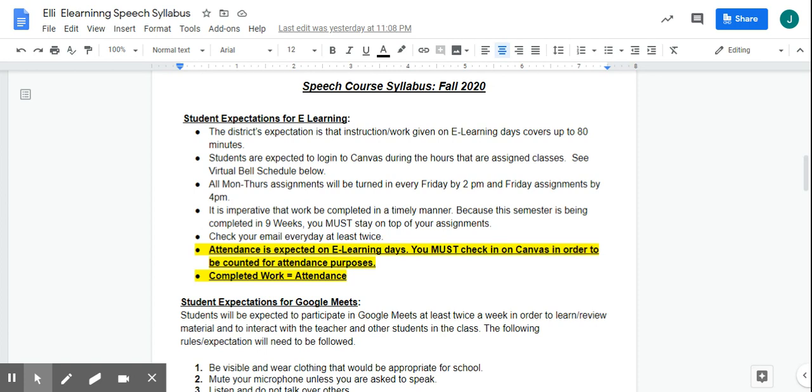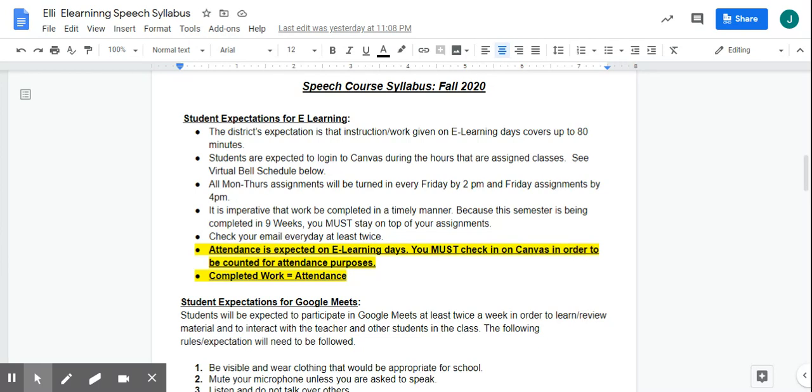My thought is work at your own pace. If it takes you a little longer to do one of those activities or a little less time, it's not going to be a big deal. Okay, so work at your own pace. The big thing here, if you read through this, is that you need to make sure that you're checking email every day, a couple times a day for announcements, and that you're logging into Canvas for every class period every day.